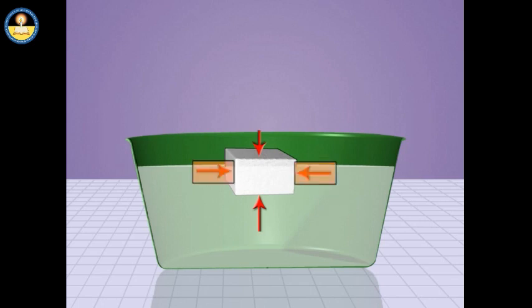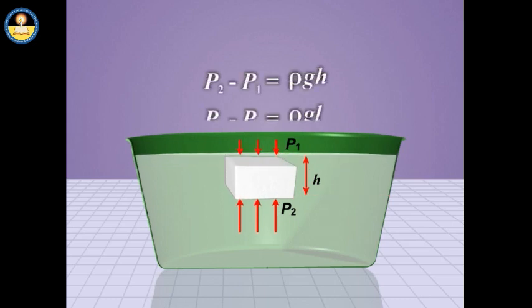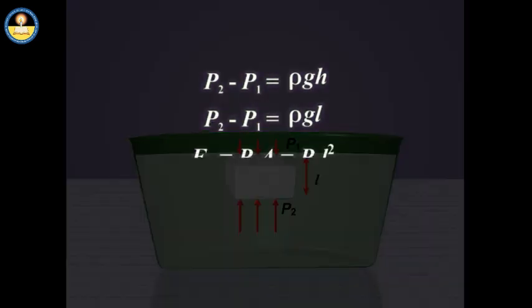Clearly, the horizontal forces being equal and opposite cancel out each other. But the vertical forces acting on the top face and the bottom face of the object are not the same. Since pressure in a liquid increases with depth, the pressure at the lowest face is more than the pressure at the upper face, and the difference is equal to the pressure exerted by the liquid column of height equal to the side of the cube.